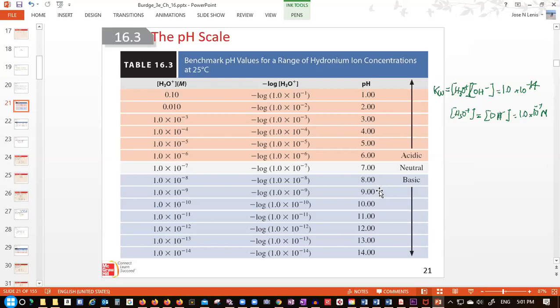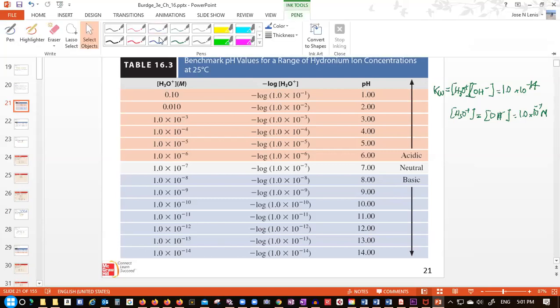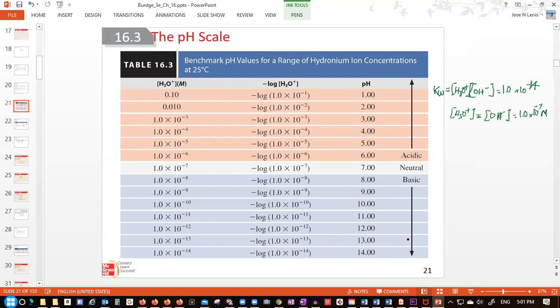The concentration of H plus, H3O plus here, equals 10 to the negative 10.